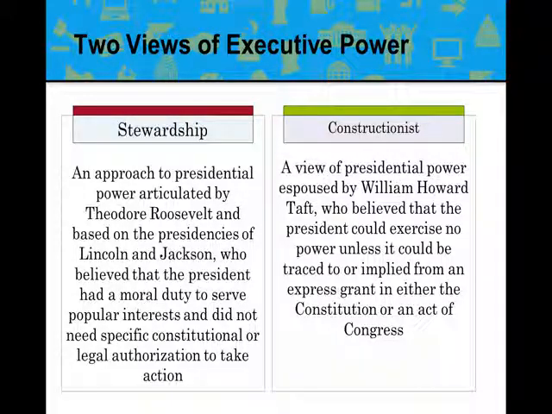But since World War II, the president has expanded the power of the presidency by each generation of presidents. And so the power of the president far outweighs or outreaches what the founders of the Constitution had envisioned.